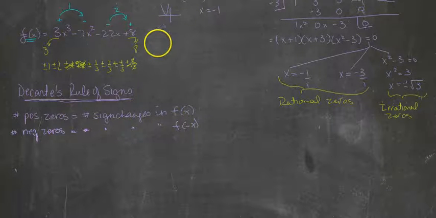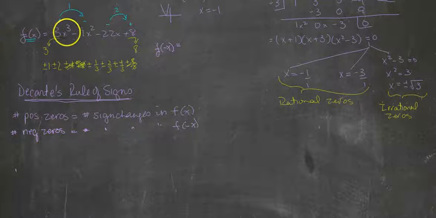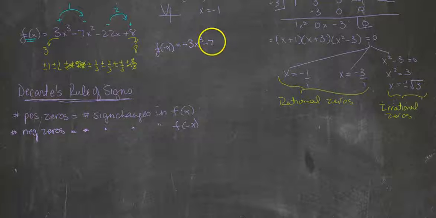So back up here, if I put in negative x for everything, negative x cubed is going to be negative, so this is going to become negative 3x cubed, minus, well, negative x squared here is just going to be positive, so I'm going to keep the same, minus 7x squared. If I put in a negative x, this is going to become a positive 22x, and then 8 doesn't change at all. So let's look at our sign changes now.